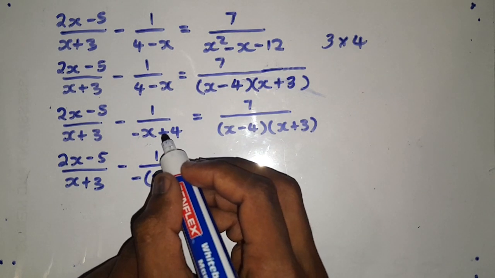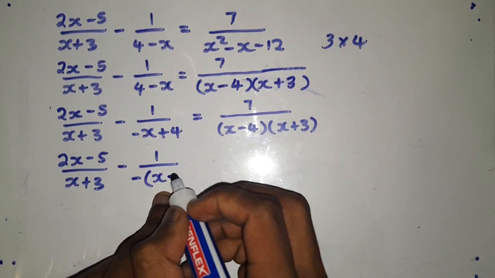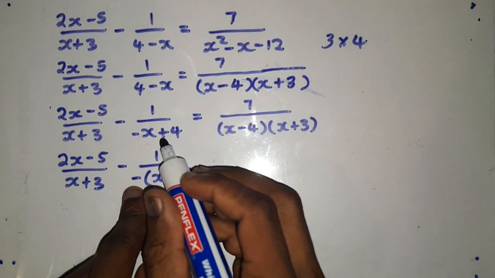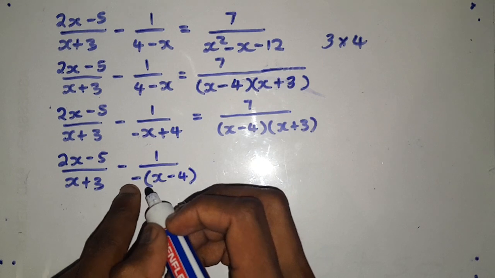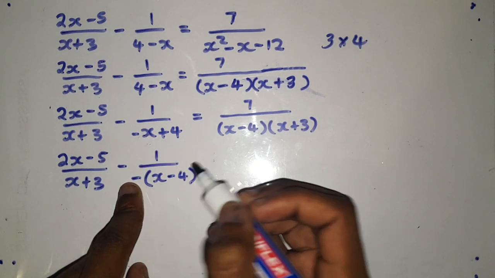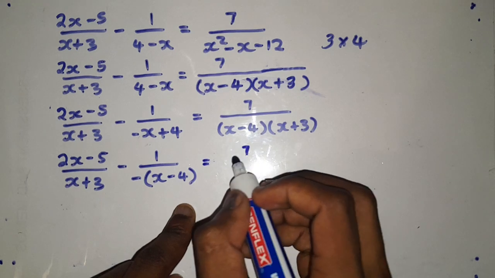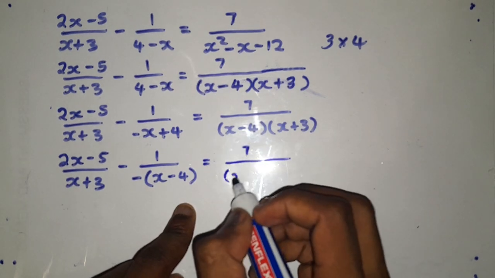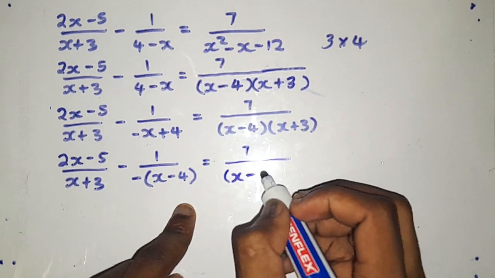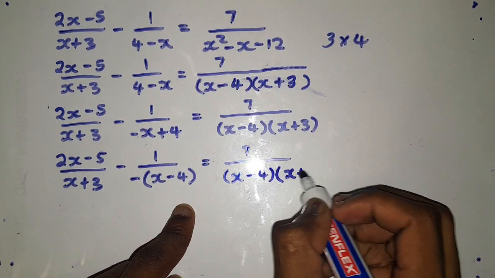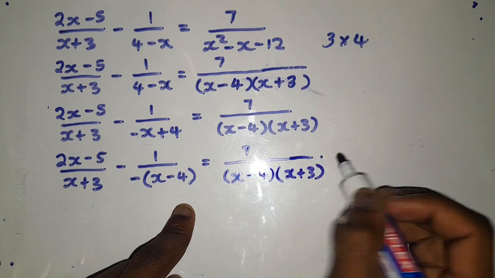For me to get the positive 4, I must put negative 4. Negative with negative, I get positive. Negative with positive, I get negative x. Then you can write your rational expression, x plus 3, like this.